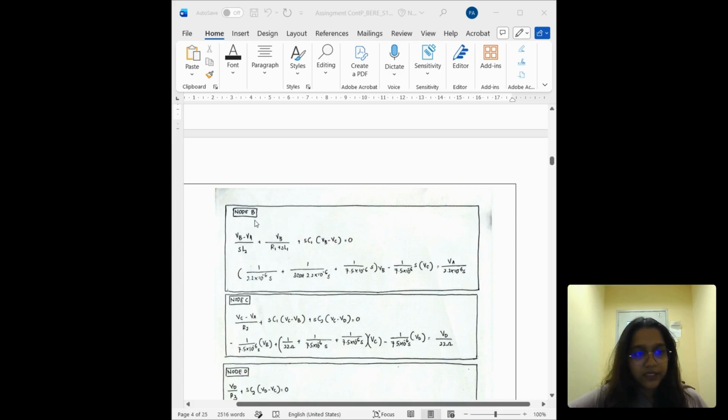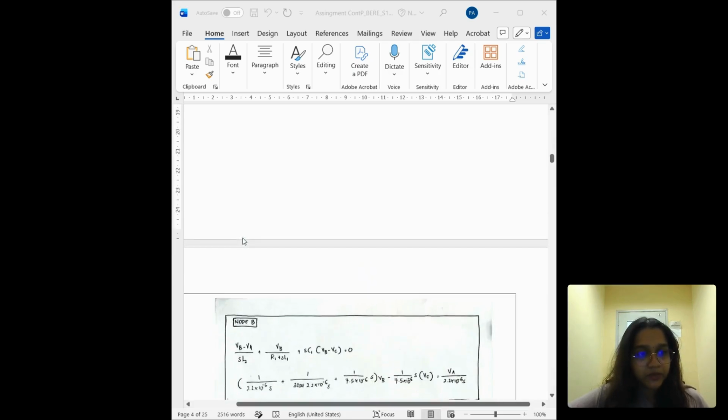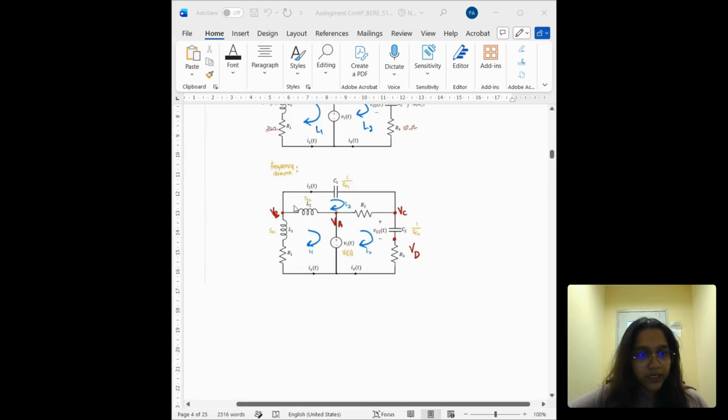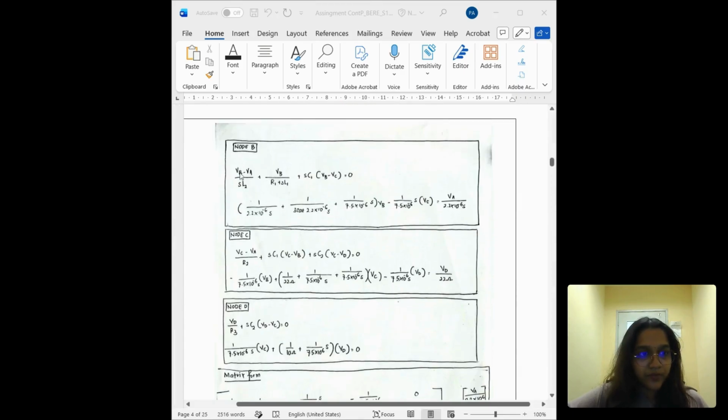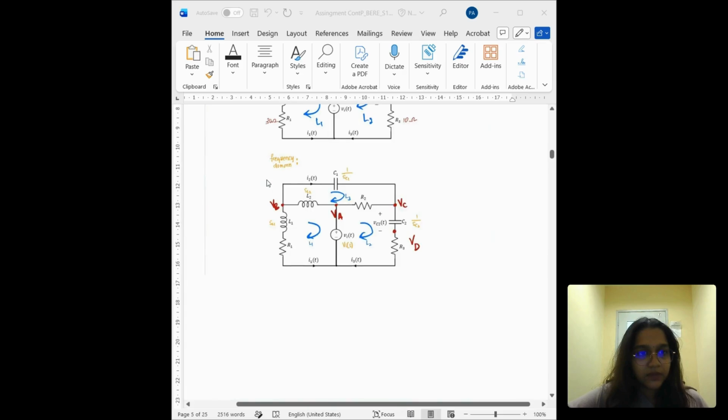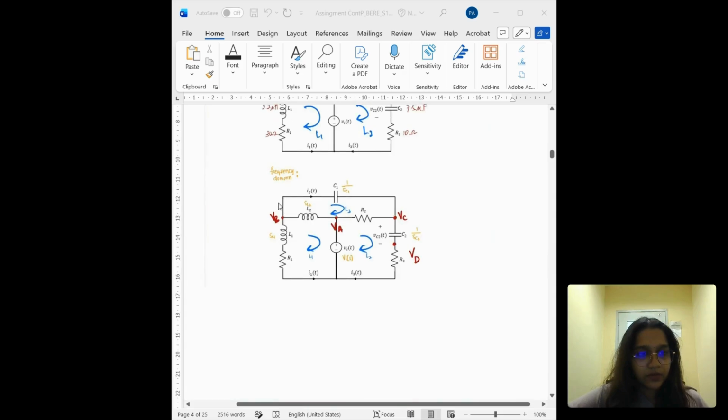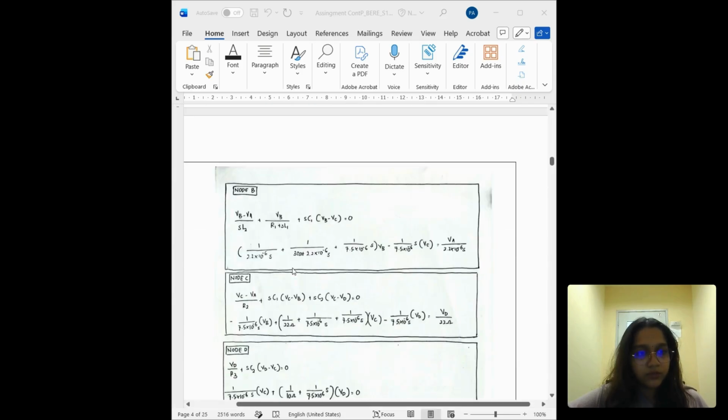As for the KCL for node B, I followed this direction, so it's VB minus VA over sL2, as we can see here. For the next direction, I followed this way, so it's VB minus VA over sL1 plus R1.